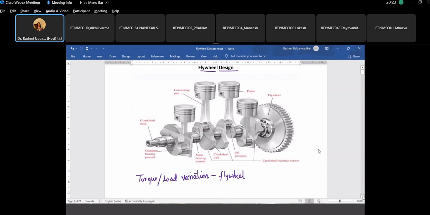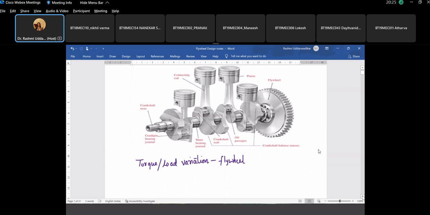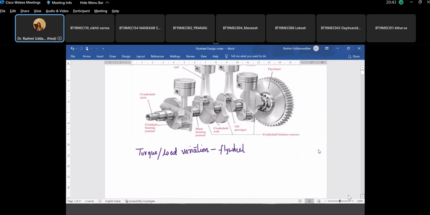But there are a few applications or operations where the torque is continuously varying. Within one particular cycle, there is a maximum torque required, and for the remaining strokes, the torque required might be less. For such variation, we want the operation to be smooth. So a flywheel will ensure a smooth operation.